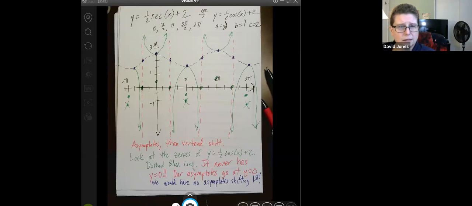What's going on here? Why is my screen not changing? God, how far back was that? It was the last one. I'm not sure why this is not changing.